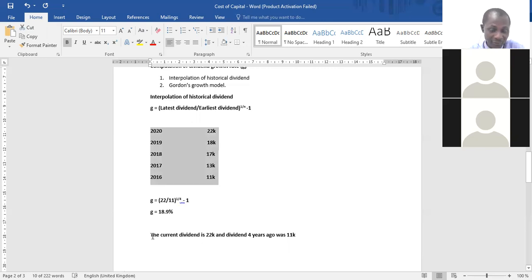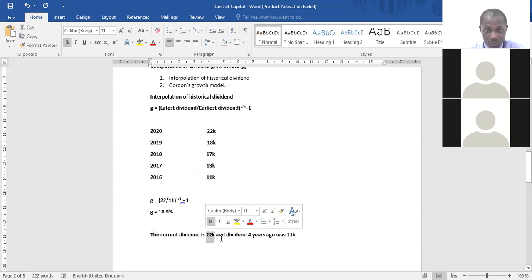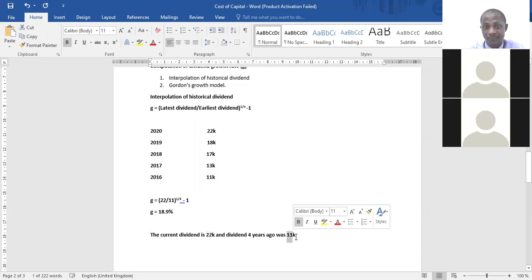But look at this. The question did not list the dividend paid in the second example here. What the question just says is what? The current dividend is 22 kobo, and 4 years ago, the company paid a dividend of 11 kobo per share. So if you want to solve this, the approach we're going to use will be slightly different from the first one we did.